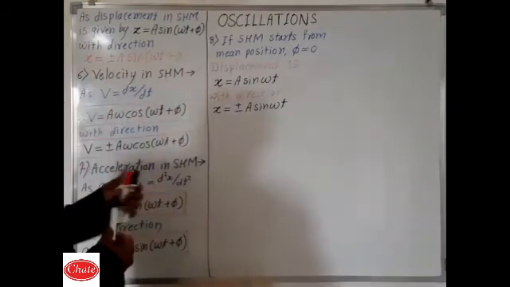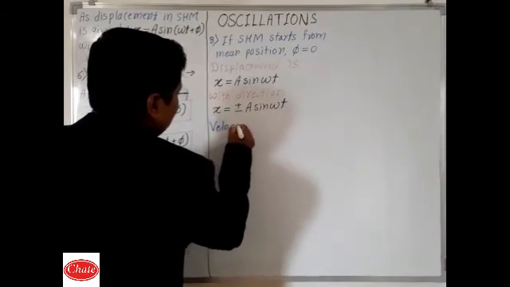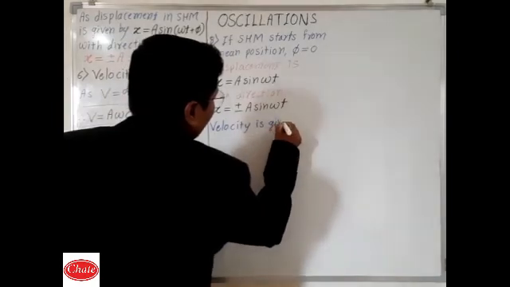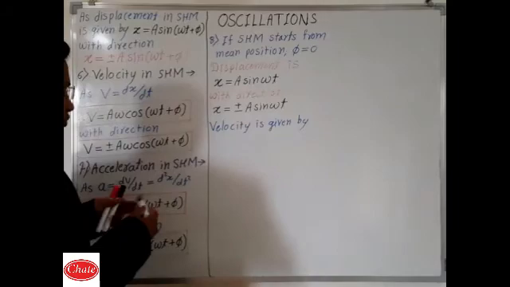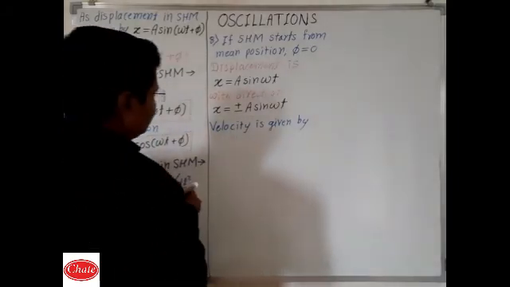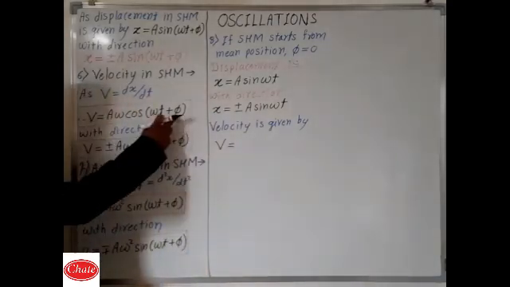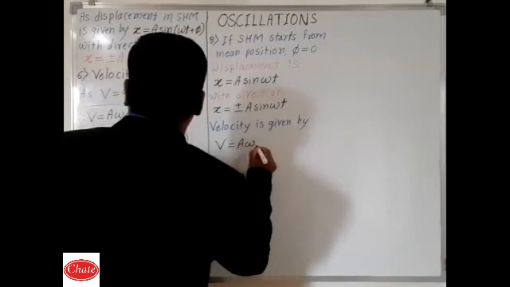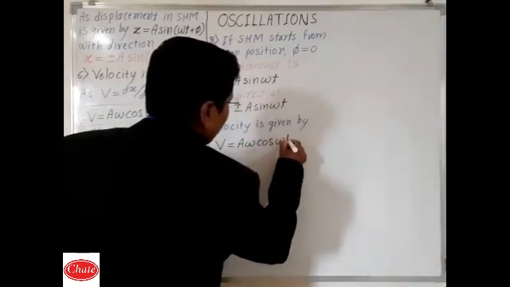Now velocity is given by, velocity काय येईल बघा, v equal to या इक्वेशन मध्ये phi 0 पुट करायचं, v equal to a omega cos omega t.